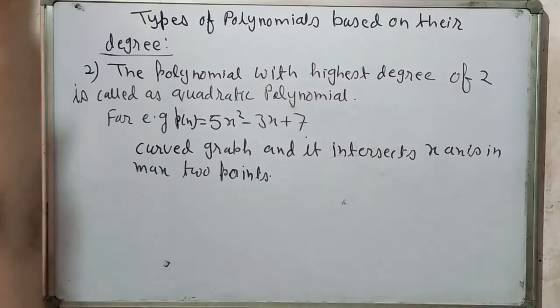It may intersect in less than 2 points. It may not intersect at any point at all. But if it intersects, it will intersect in maximum 2 points, not more than that.